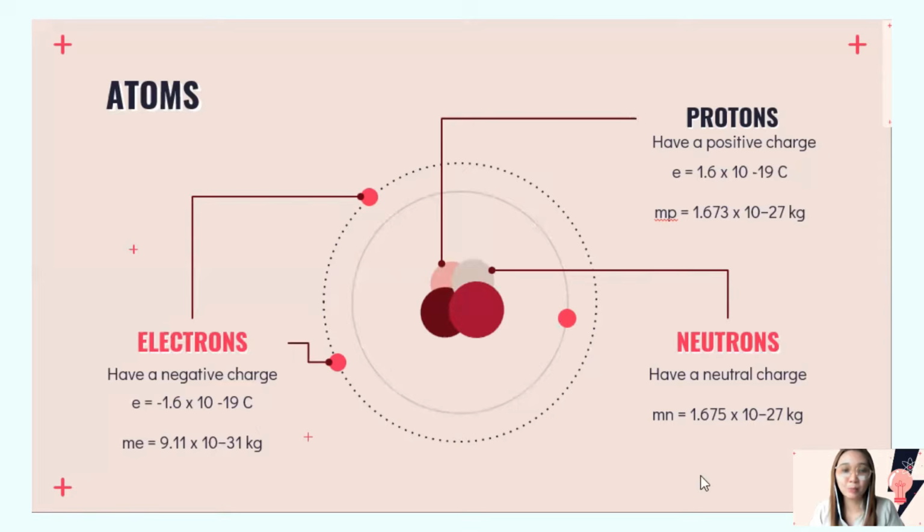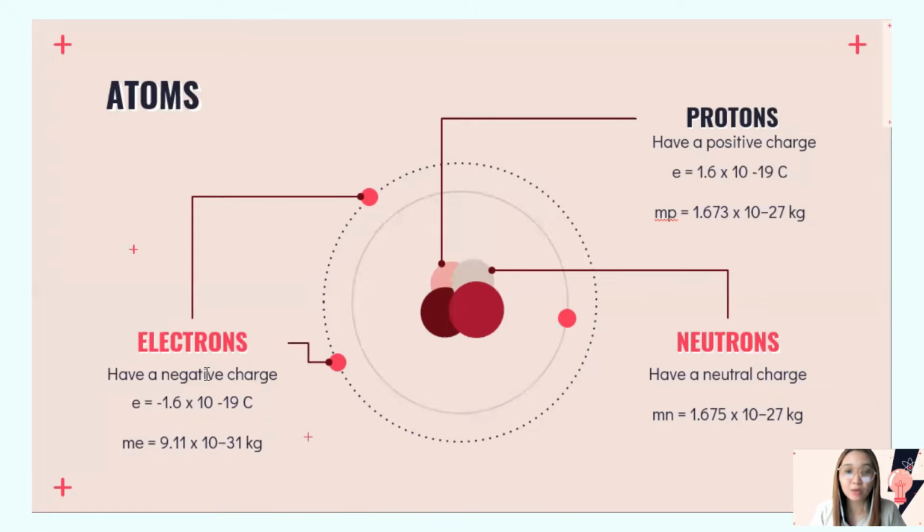The third part of an atom is the electrons. Electrons have a negative charge with the magnitude of negative 1.6 times 10 raised to negative 19 coulomb, and a mass of 9.11 times 10 raised to negative 31 kilograms.